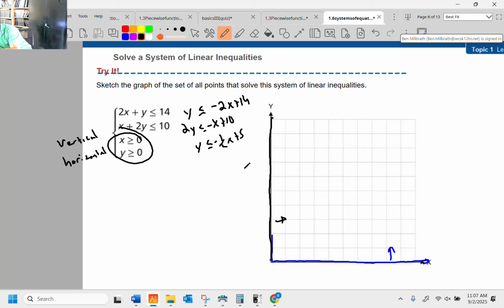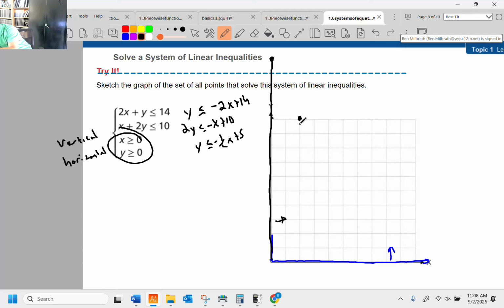And I need to graph these. I need to go to 14, don't I? That won't be too bad. 1, 2, 3, 4, 5, 6, 7, 8, 9, 10, 11, 12, 13, 14 is about right there. And I've got to fall 2 and run 1. See, that would put me around what? 12 and then 10.